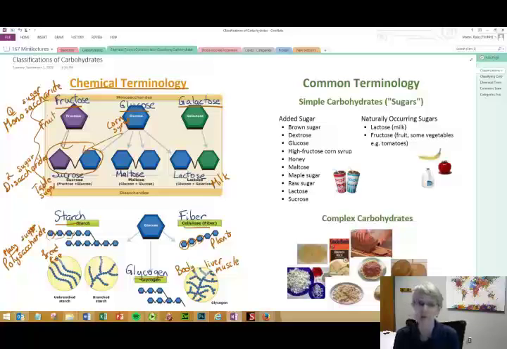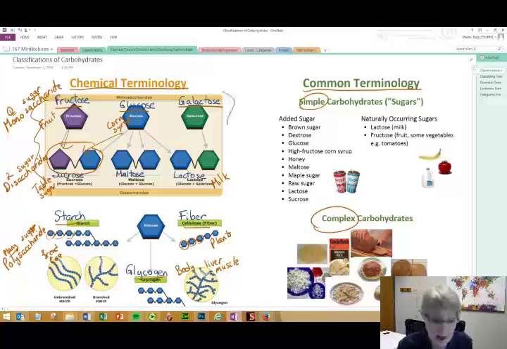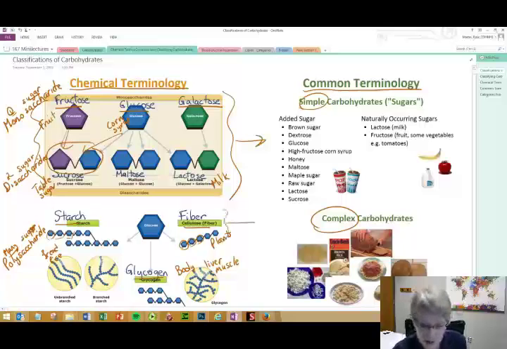However, most people do not know the chemical structure of the carbohydrates they eat. The more common terms used for classifying carbohydrates are simple and complex carbohydrates. Pretty much, if it's a mono and disaccharide, it is going to be a simple carbohydrate. And if it is a polysaccharide, which are those starch and fibers found in our foods, it's going to be a complex carbohydrate.